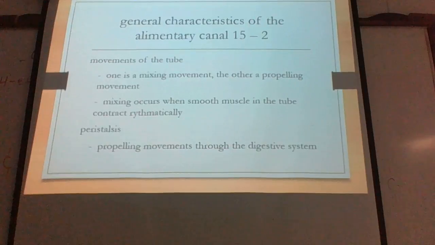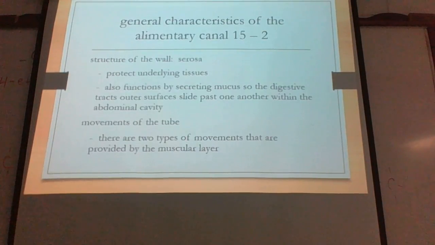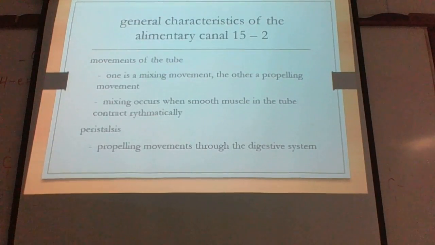I got a question for you. It says movements of the tube, and under movements of the tube, it says there are two types of movements provided by the muscular layer. That was on the last slide. So you've got one dash under this section, and there should be two more movements of the tube.